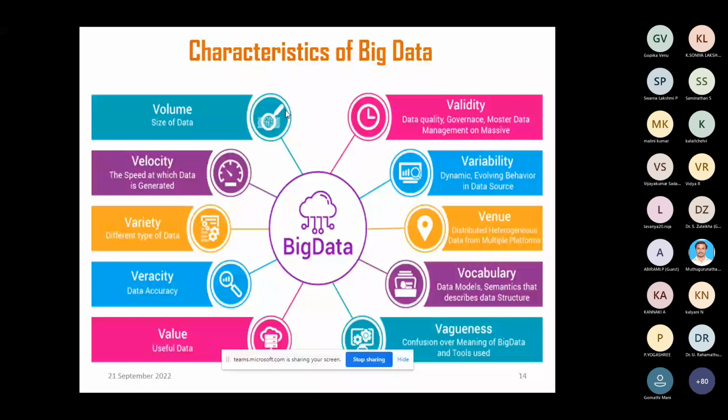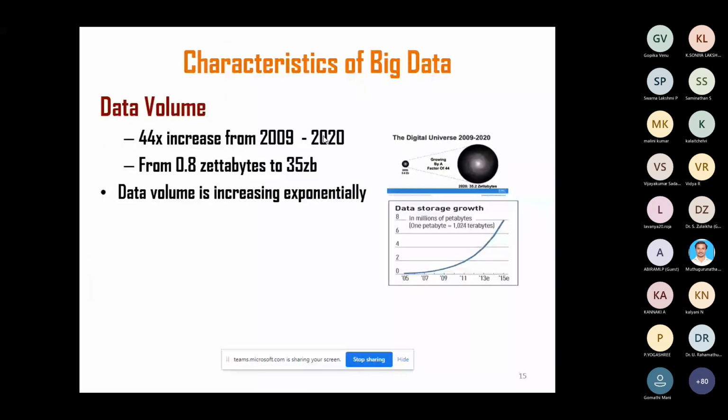Now coming to some characteristics, let us speak about a few characteristics with some examples. When you consider data volume, between the decade 2009 to 2020, it has been witnessed that the data size has increased 44 times. So this shows, of course, we can even recall Moore's law.